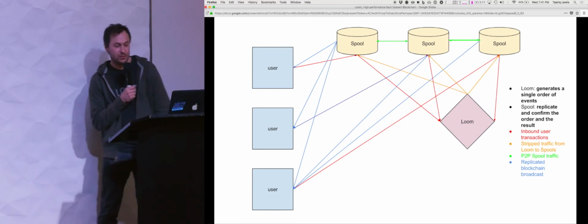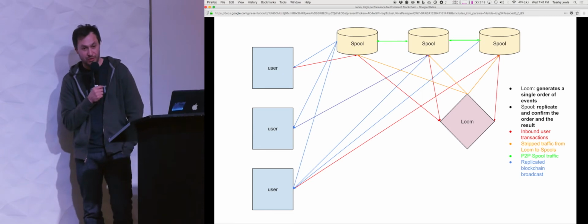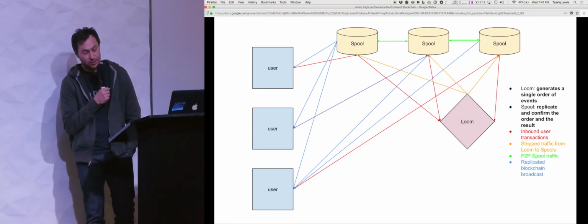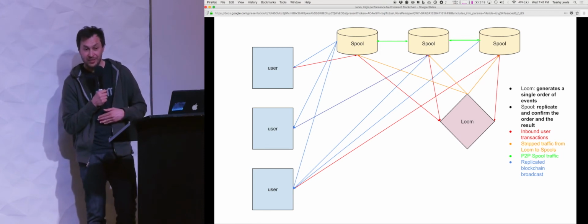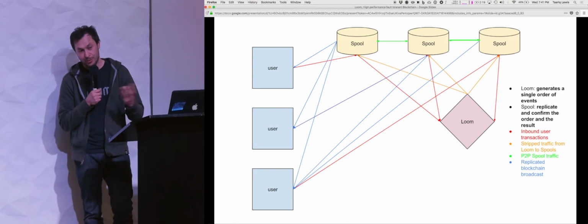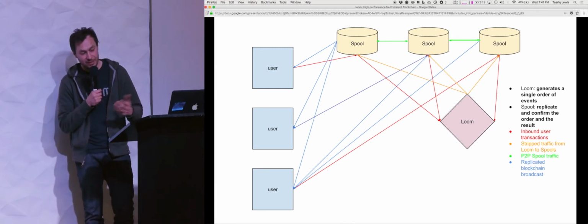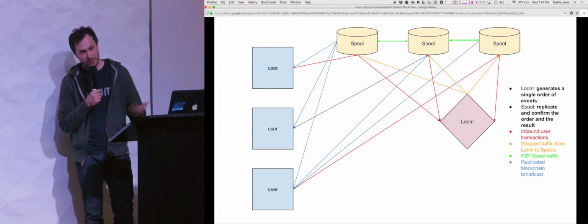So what we can do is the users can actually forward their messages to the verification nodes randomly. And those verification nodes can forward it to the generator and then observe if this packet is actually encoded into the stream or not. And between all the verifiers, they can maintain a median error rate. And if that error rate gets too high, they can simply kick that generator off and go to the next one.